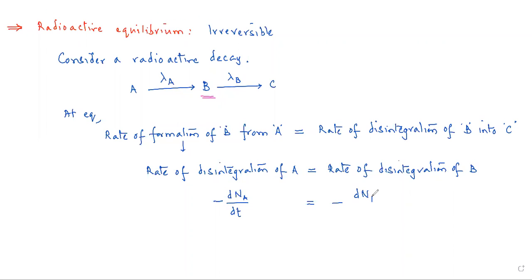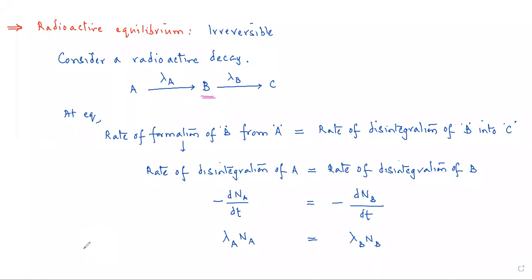In this case, it can be given as minus dNB by dt. And we know that minus dN by dt is equal to lambda into N. So in this case, let us write this as lambda A into NA is equal to lambda B into NB.